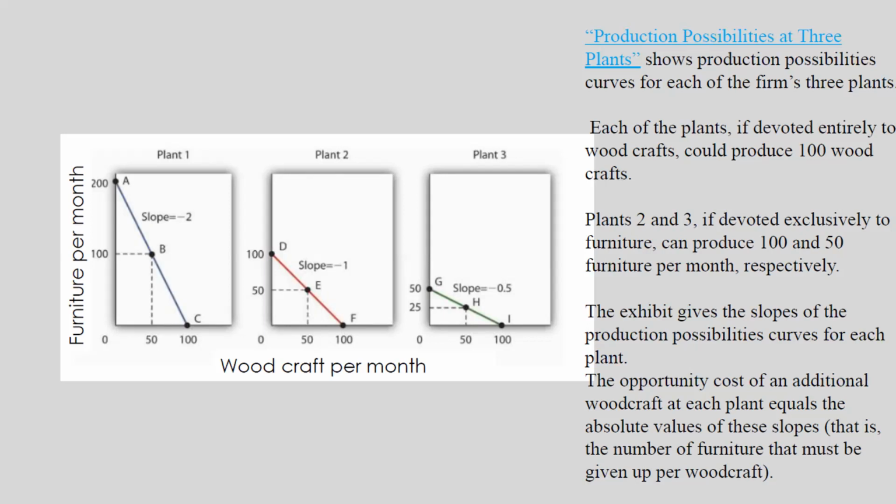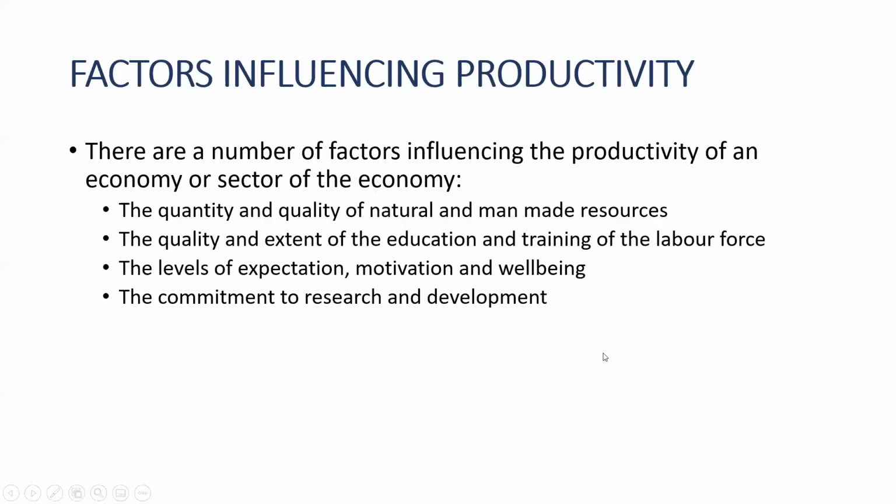So all in all, if we try to summarize these factors or the answers that you have given, there are a number of factors that can influence the productivity of an economy or a sector. We can summarize them into the natural and man-made resources, in the quality wise as well as the quantity wise.